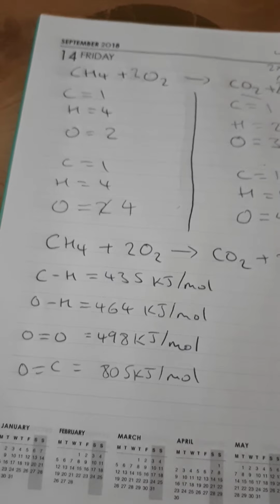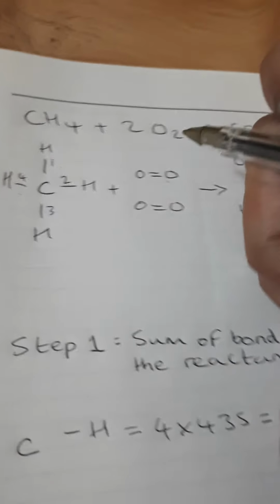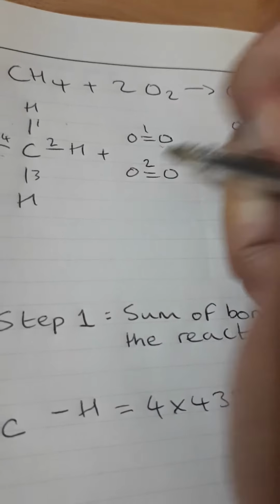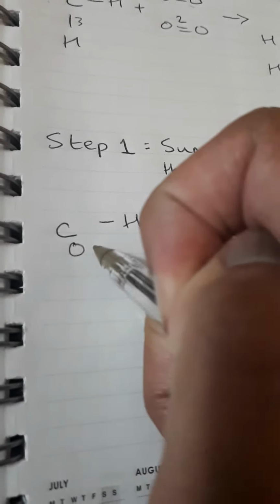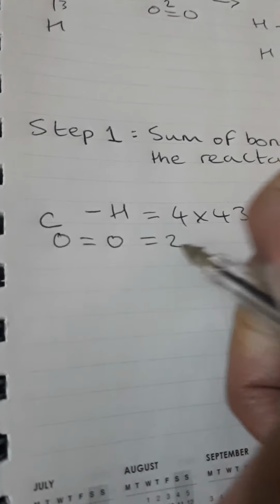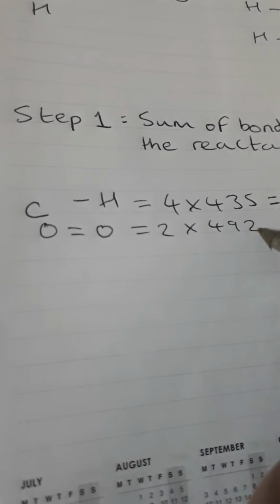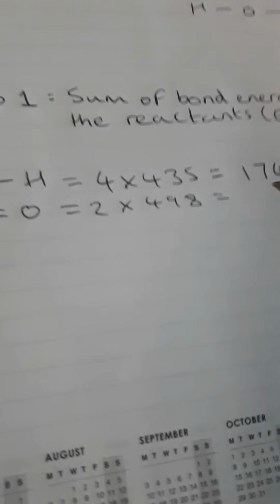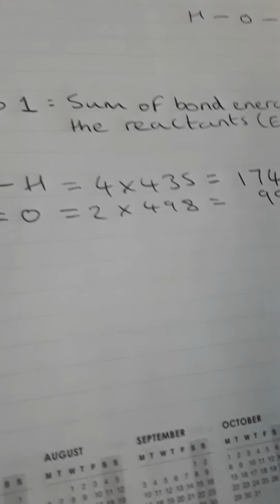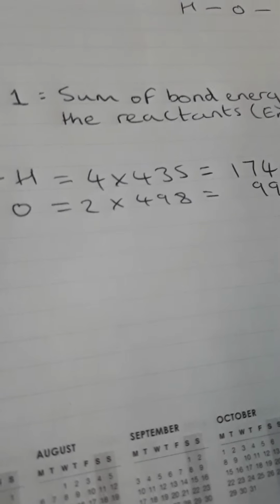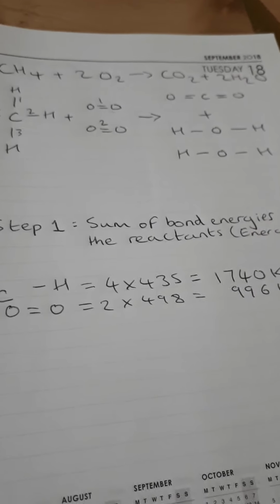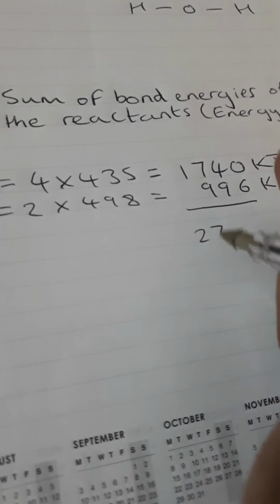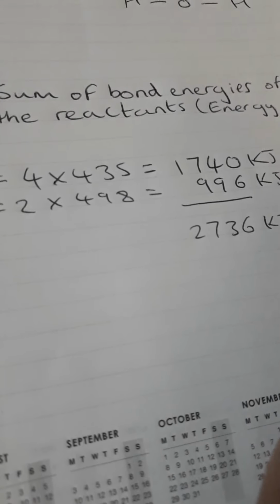And because we've got 2O2, if you look at our bonds again, we have 1 and 2. So 1 double bond, 2 double bonds. So therefore, O double bond O is 2 times 498, which equals 996 kilojoules per mole. And if we total them together, we get 2736 kilojoules per mole.